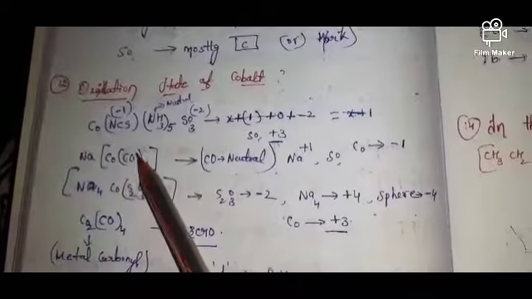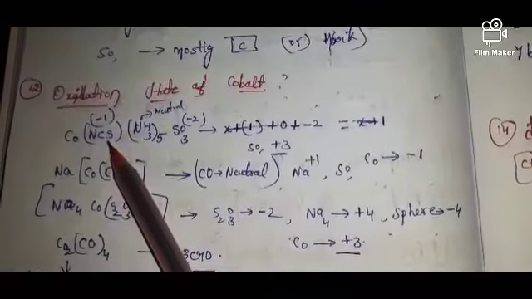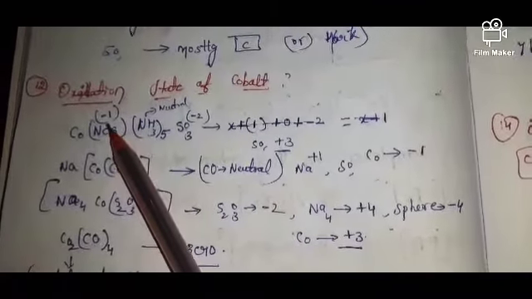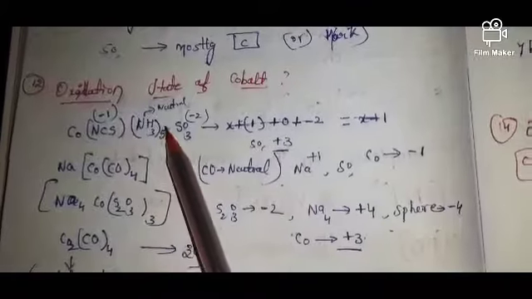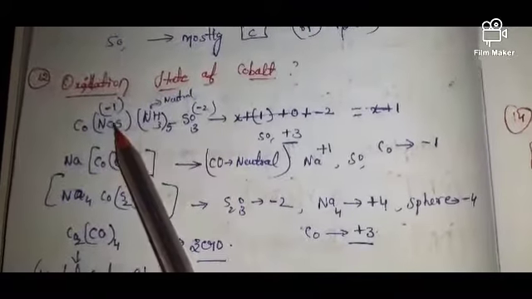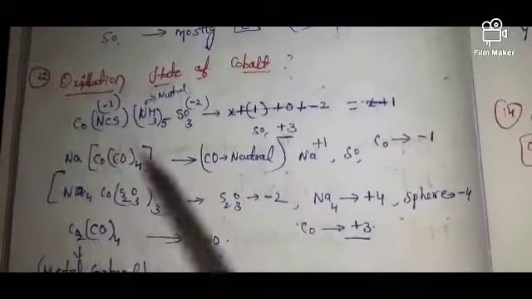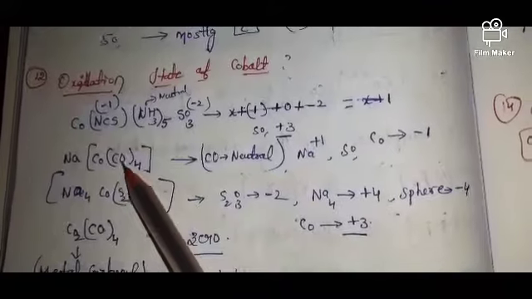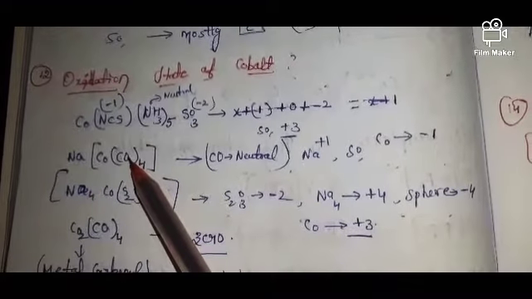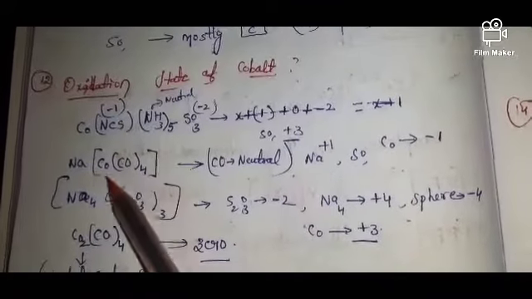Next, oxidation state of cobalt. Here they asked about the oxidation state of cobalt. This is NCS, so it will have -1. Ammonia is a neutral ligand and SO3 will have -2. So with -1 and -2, the cobalt will have +3. Next, carbonyl is neutral, so it doesn't have any charge.